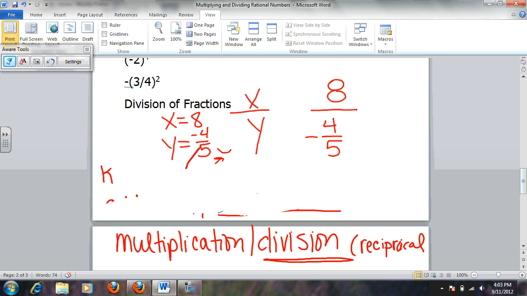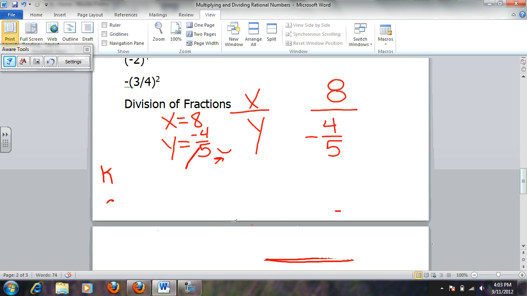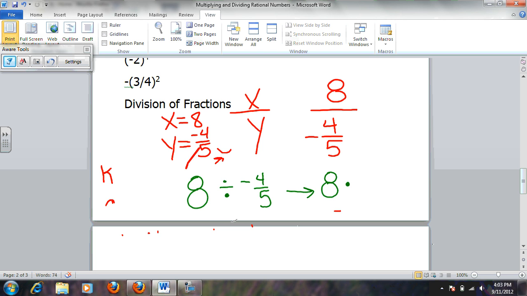That big fraction bar signifies that I should divide. So I'm going to write it differently. 8 divided by negative 4/5. Change it to multiplication and it becomes 8 times negative 5/4.